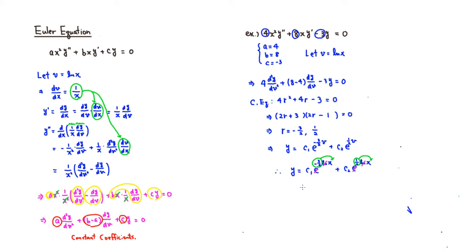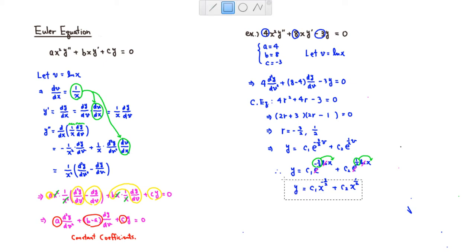So you end up getting c1 x to the negative 3/2 power plus c2 times x to the 1/2 power. All right, so this is the solution of the Euler equation here.